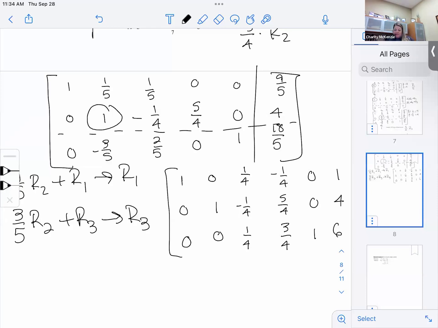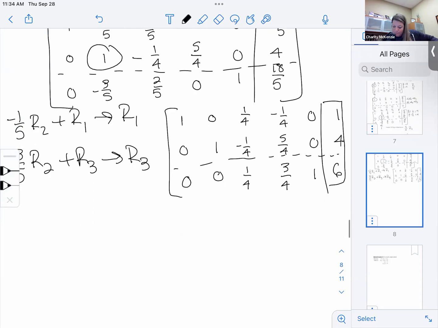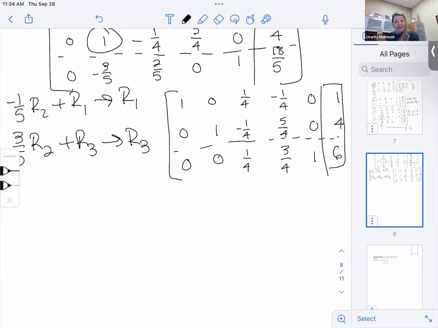Whew, that is an ugly problem. Fractions make it ugly. All right, we're done. No more negative indicators. What is x1 going to equal? It's going to equal 1. We go across that row, right? x1, and we go across, and it's from the 1, and we get the 1. x2, we can see is 4.